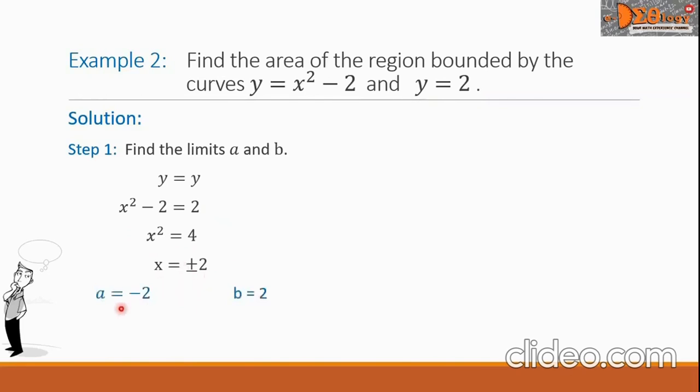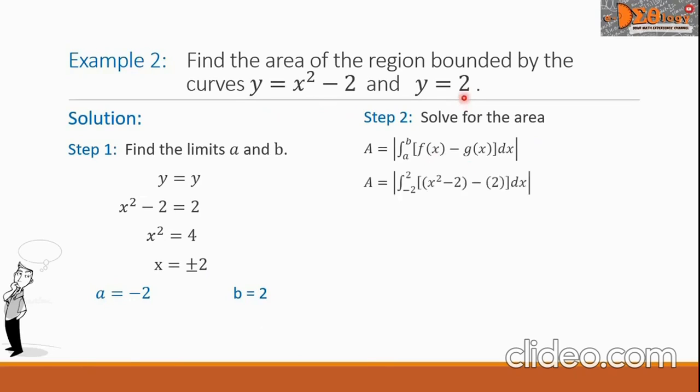So we write here a equals negative 2, which is the smaller value of x, and b equals the positive 2, the bigger value of x. Then step 2, let us solve for the area. Our formula is here. Our f of x, we can write the first equation, and the g of x is the second equation.